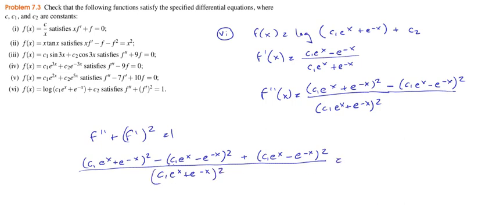So now this and this are the same term, they cancel out, and then you get this divided by this, which is 1. So this cancels out, and that's the end of the exercise.